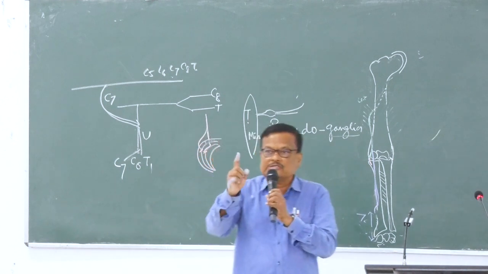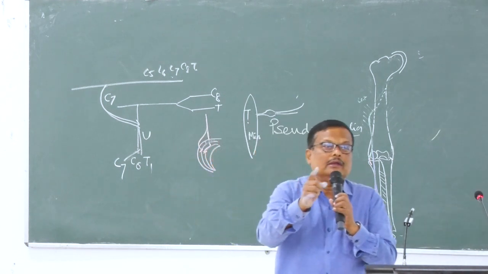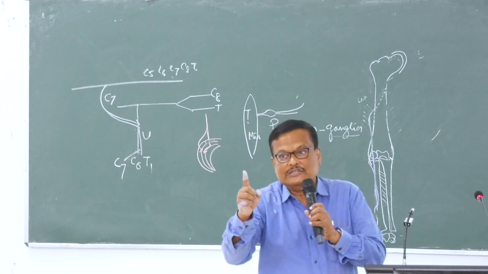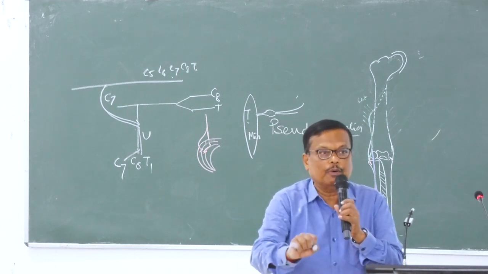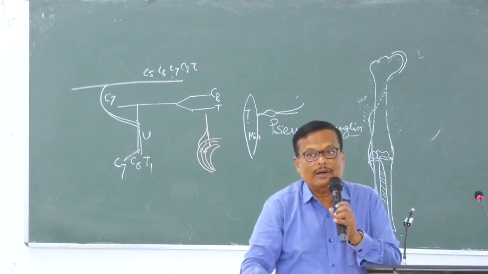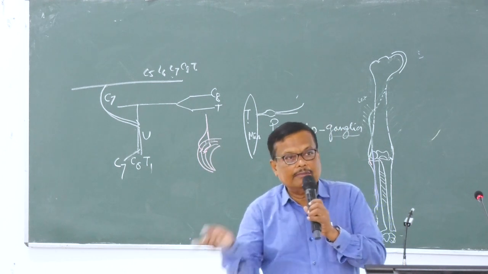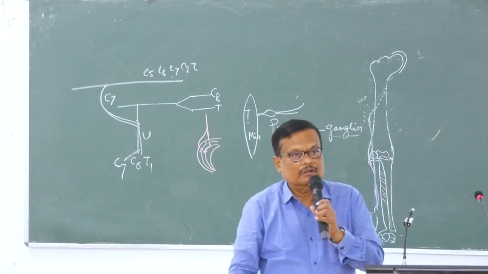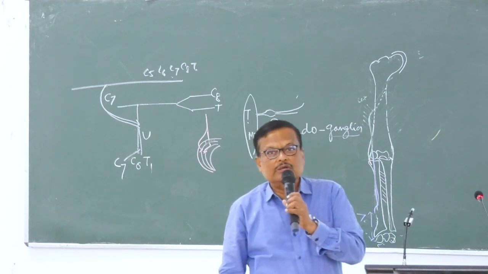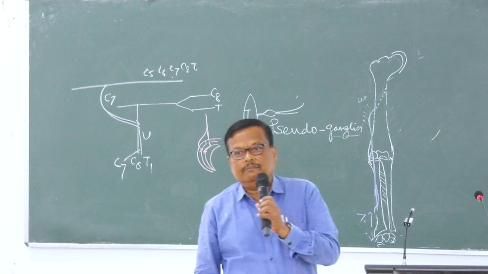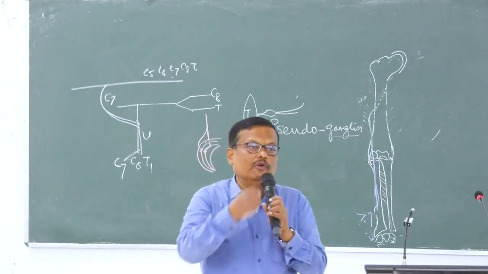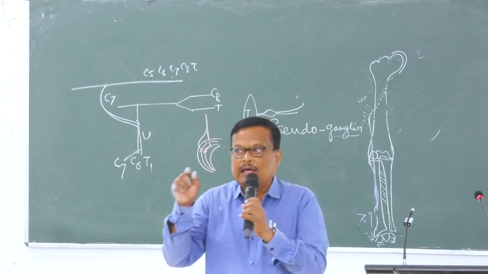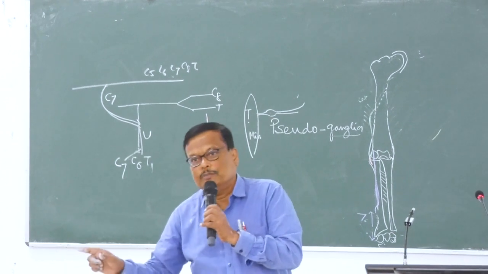So the supinator muscle is supplied by the radial nerve twice. Why twice? Supinator is a very important muscle of supination. So if one is damaged, the other will save it. So the supinator muscle is supplied by the radial nerve twice: one before entering the supinator and another while it passes through the supinator.